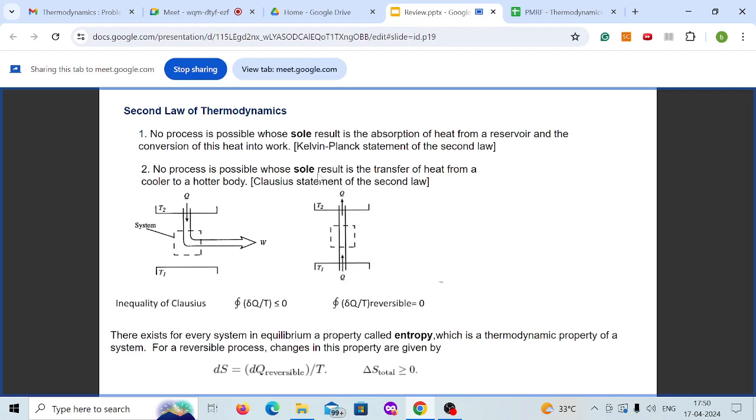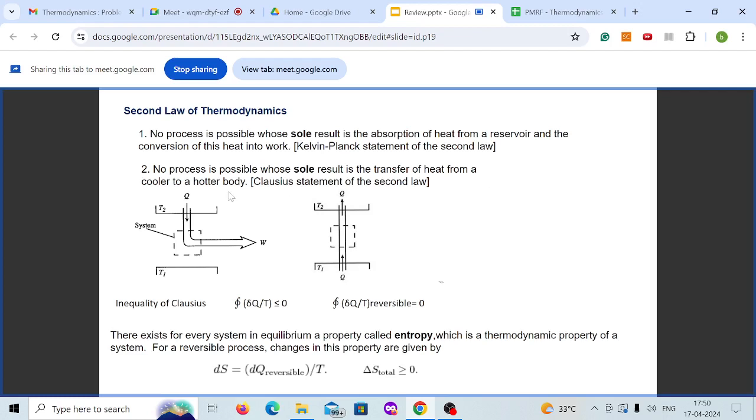And then the Clausius statement. Clausius said that no process is possible whose sole result is the transfer of heat from a cooler to a hotter body without giving work. So you cannot transfer heat from a body at lower temperature to a body at higher temperature without supplying any work.